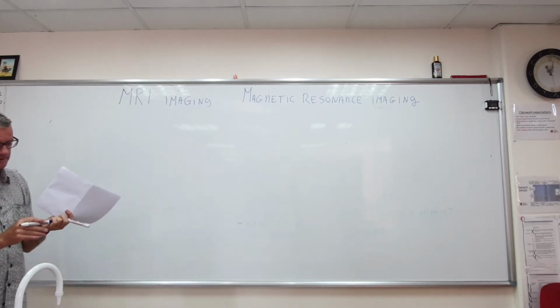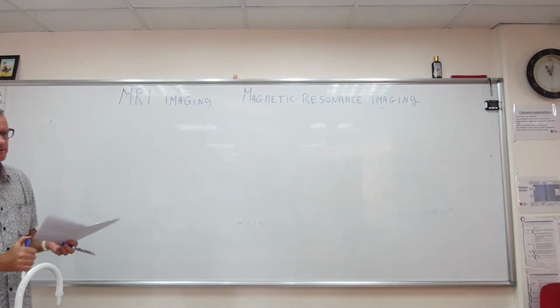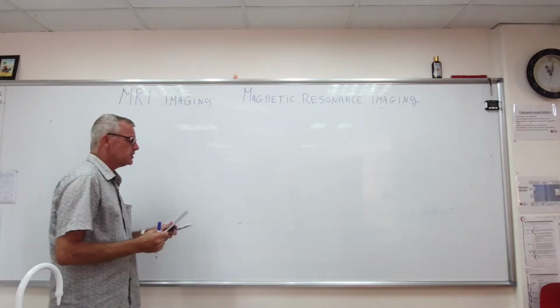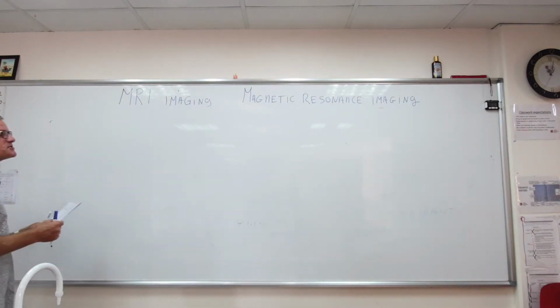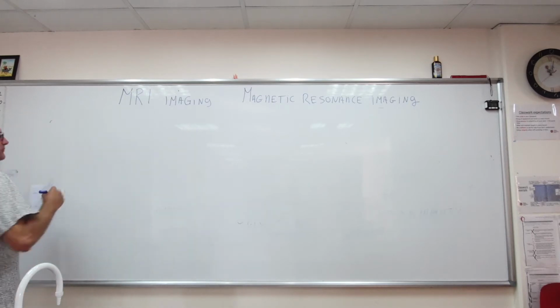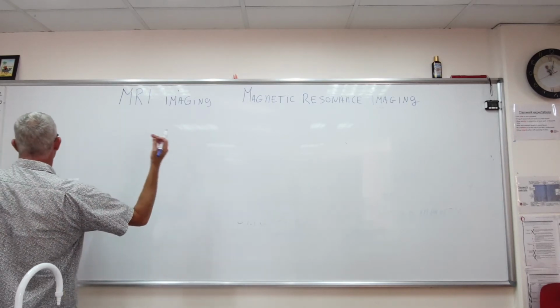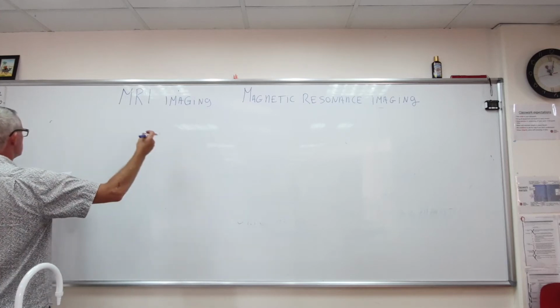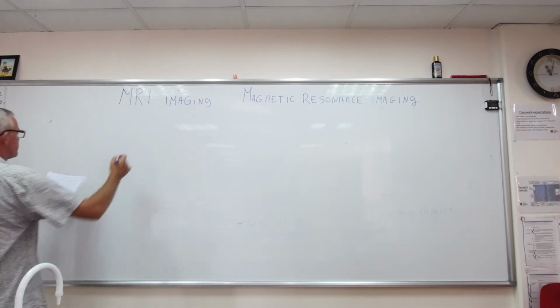If we have a closer look at the protons, we will see that it does not completely align to that magnetic field. It is like rotating around the direction of the external field.